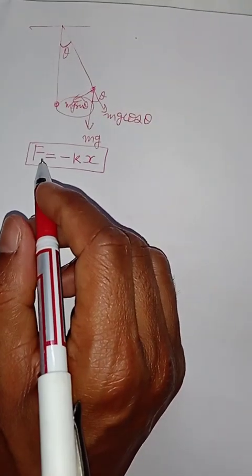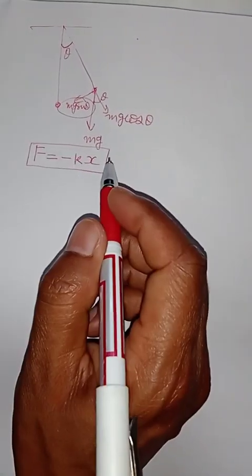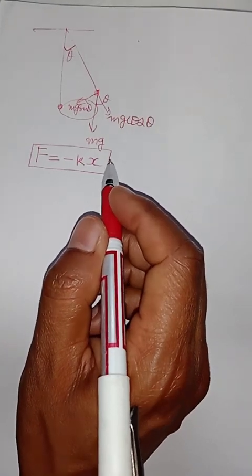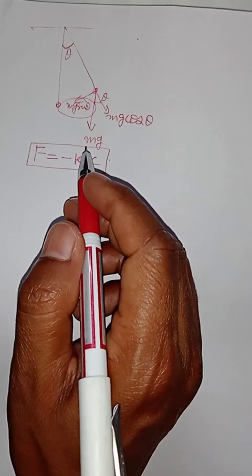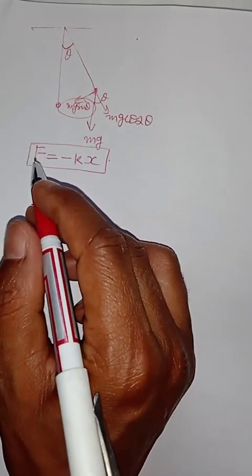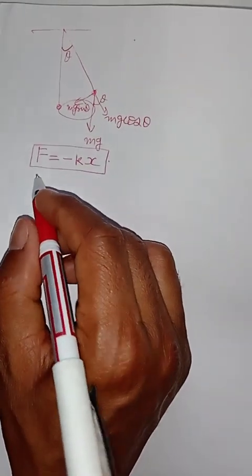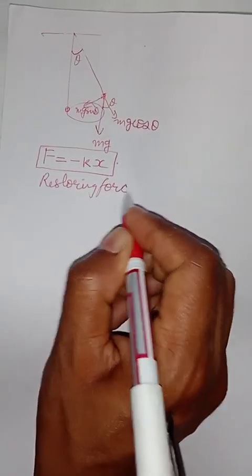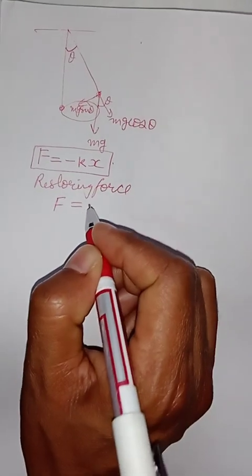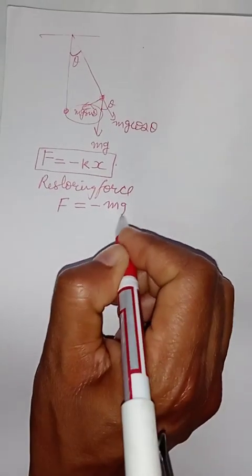So don't write this right now. I have just mentioned it in order to recall that SHM requires restoring force. So we can start from here. So restoring force, in this case, F is equal to minus mg sin theta.